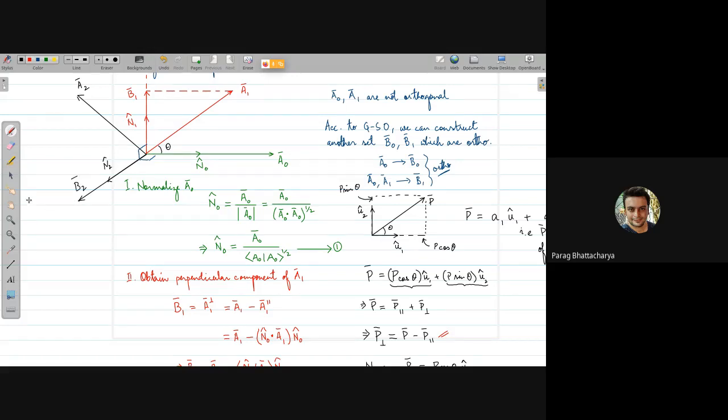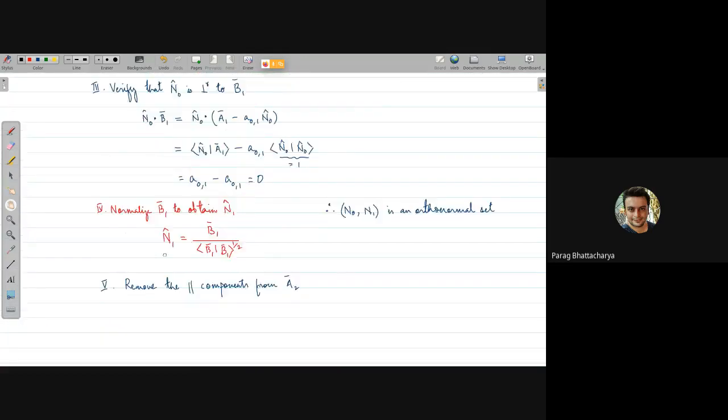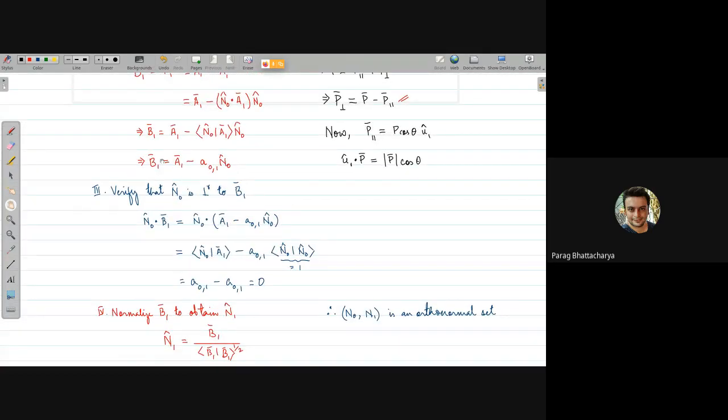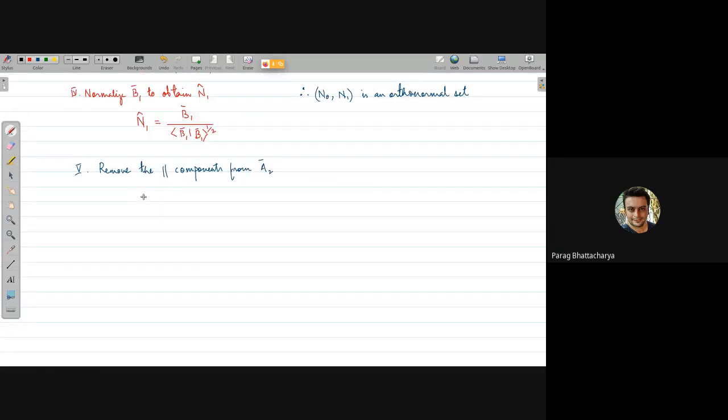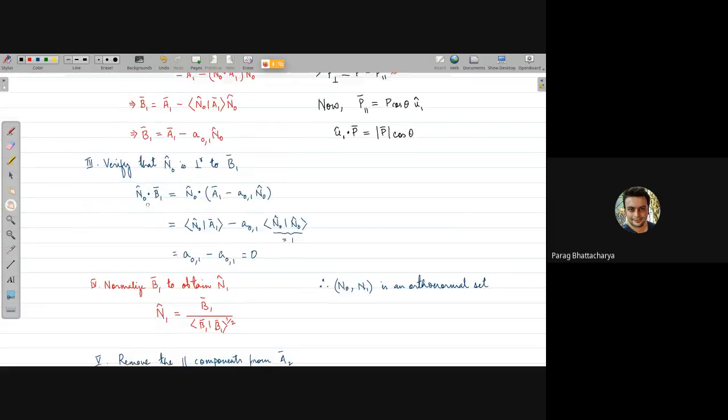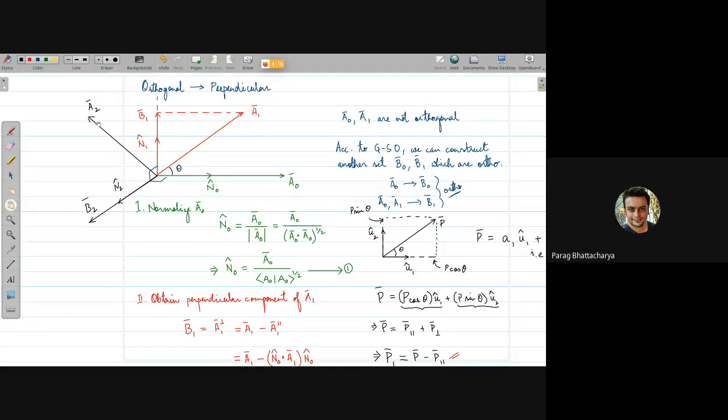So how do you get b2? Just generalize this step, just like how we got b1 from a1. Similarly, you will get b2 from a2. Just remove the parallel component that A2 has with n0, and the parallel component that A2 has with n1.